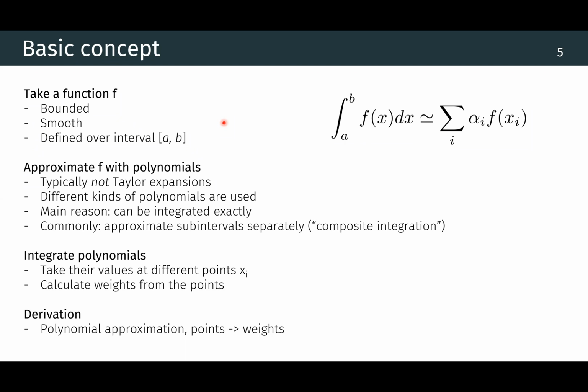Now, if your function, for example, has a turning point, then that's not a quadratic function that you can use for approximation. And rather than going to higher order, so to cubic functions, quartic functions, what you do is you take your whole domain, so the interval A to B, and you split it into parts. And then you say, I do my quadratic approximation for each of those regions.